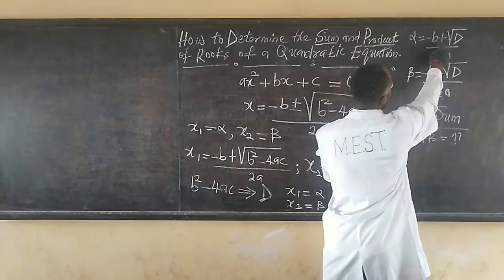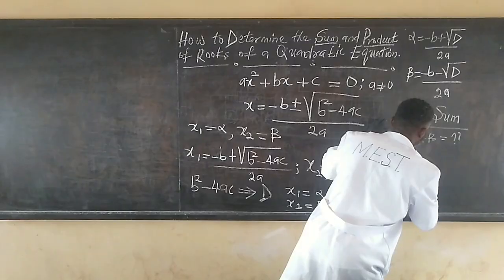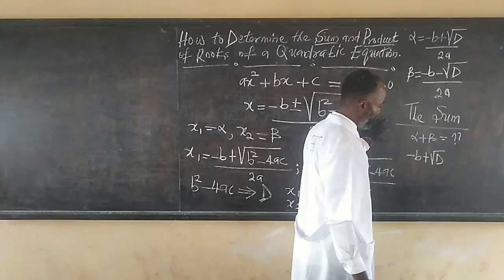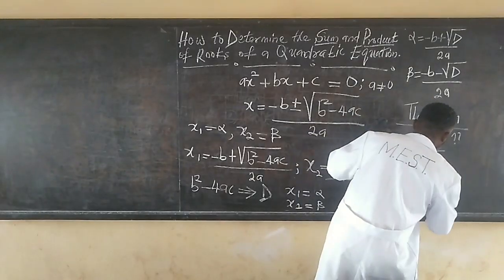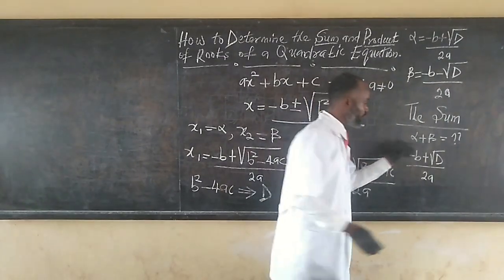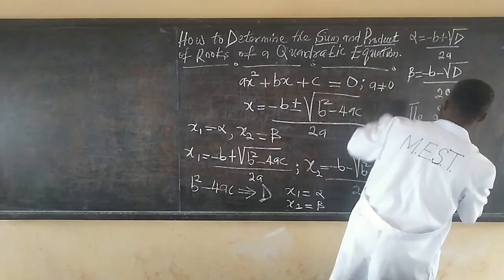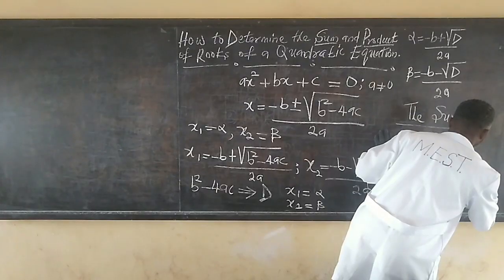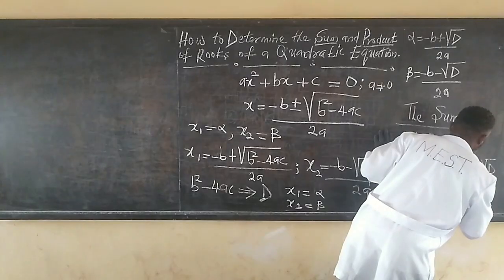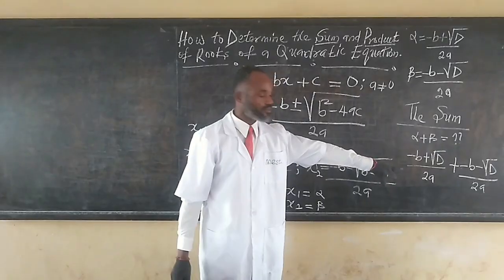For alpha, we have minus b plus root d, all over 2a, and our operating sign here is plus. For beta, we have minus b minus root d all over 2a. Good. Take notes.